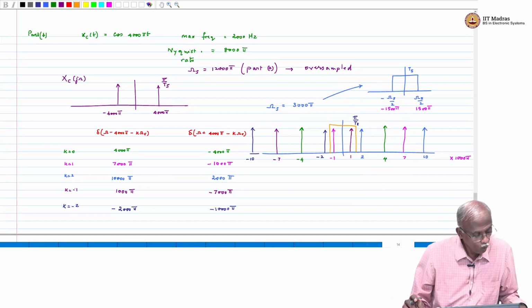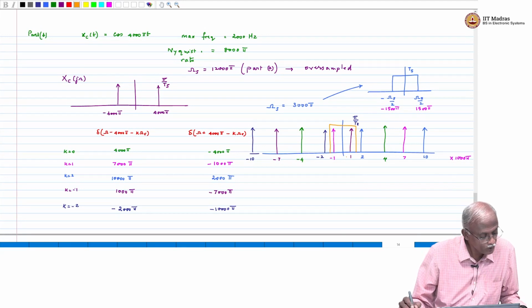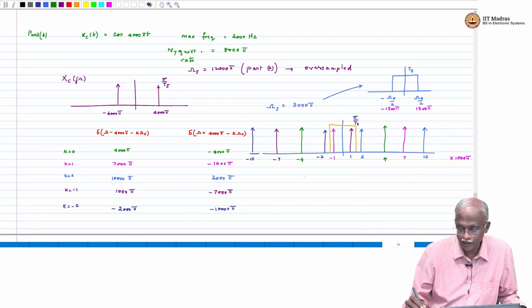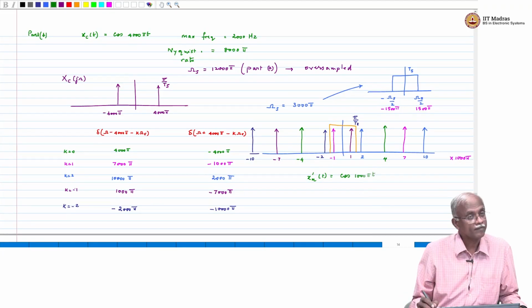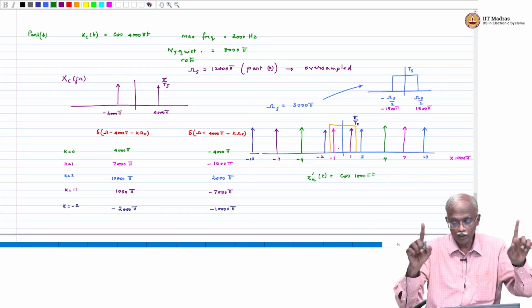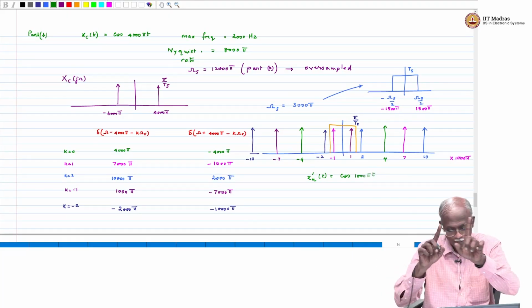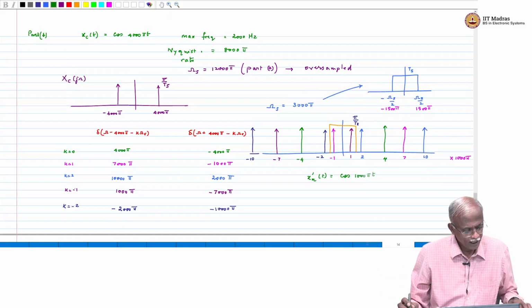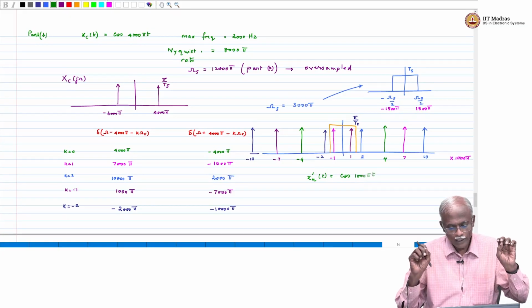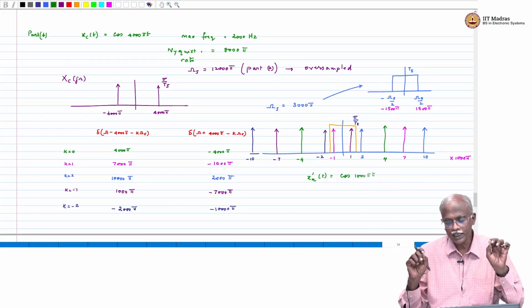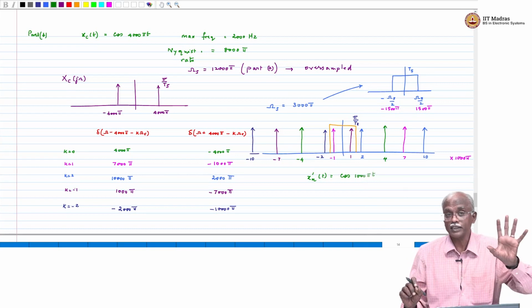So, when you do the reconstructed signal xr prime of t, what are you going to get? You are going to get cosine 1000 pi t, because the delta functions that were retained were plus 1000 pi and minus 1000 pi. So, this is going to be a different reconstructed signal.